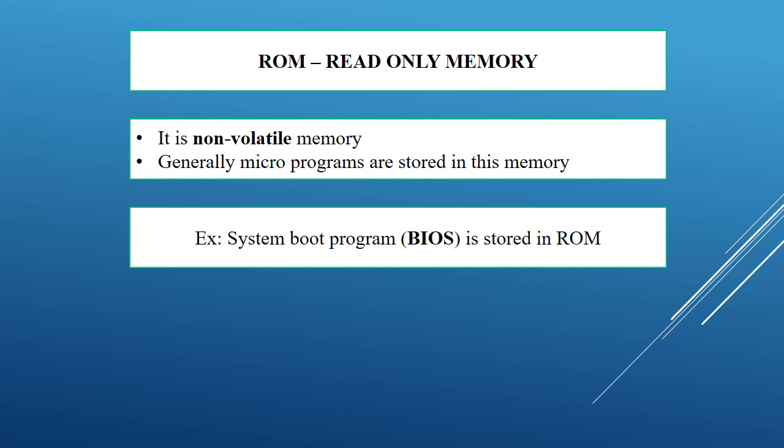Generally the BIOS, the system boot program, is stored in the ROM. This memory is called read only memory because we cannot alter the data or program in that memory. We can only read. This ROM is present in the motherboard, fixed in the motherboard, and generally contains the BIOS program.